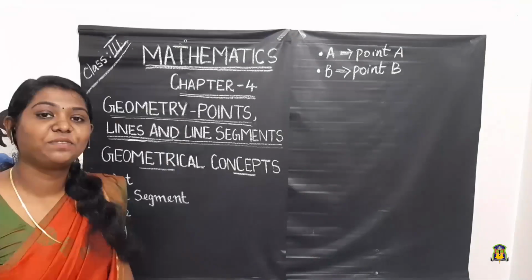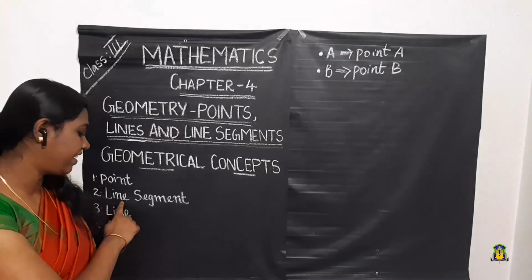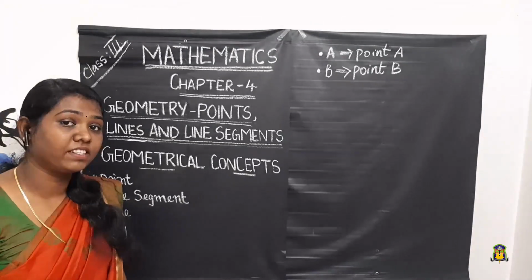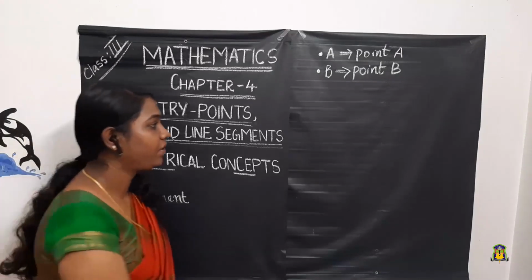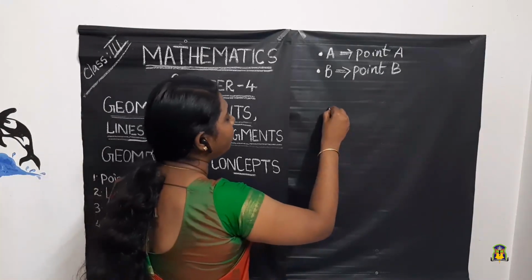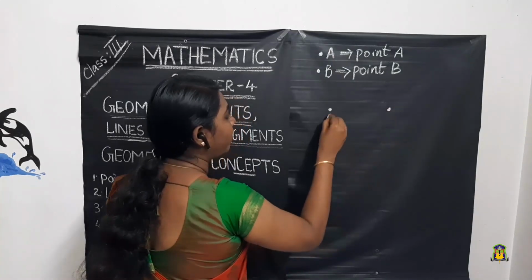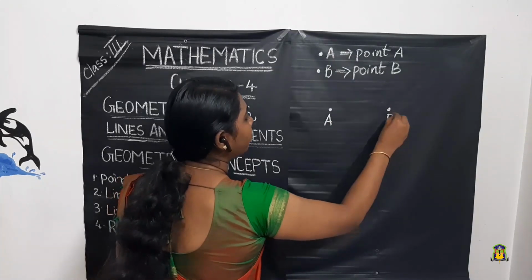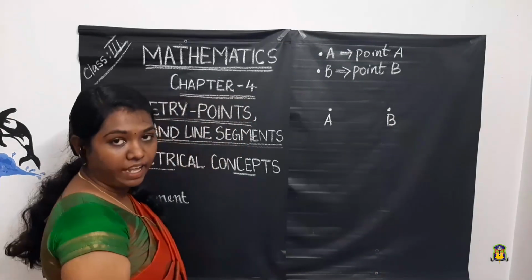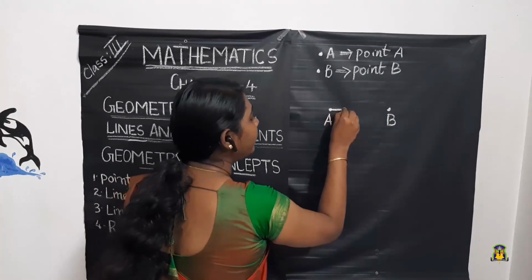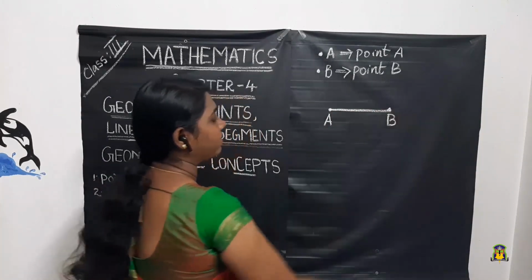Okay, next we are moving to our next concept, line segment. How will you get a line segment? I will show you. So here I am going to make 2 points. Okay, so this is point A and this is point B. Next I am going to join these 2 points.